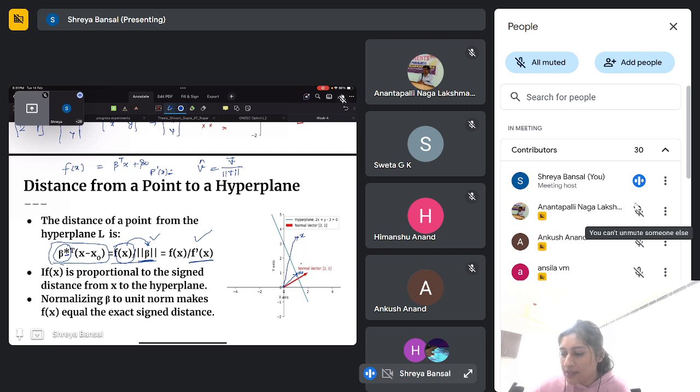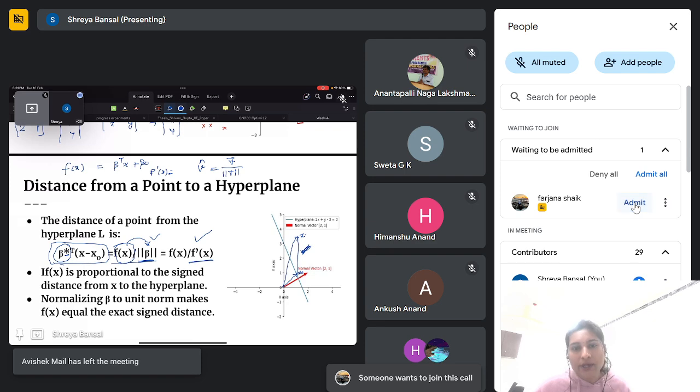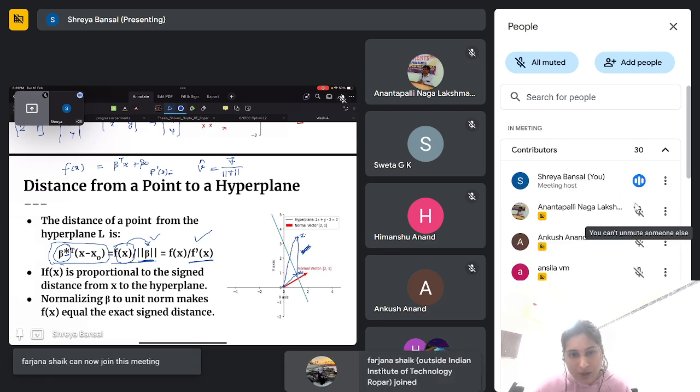And x minus x naught will be the perpendicular distance, this one. So this distance can be seen as the length, the distance of x from this line. Again, listen, there is a point x which is outside the boundary. There is a point x naught which is on the boundary.